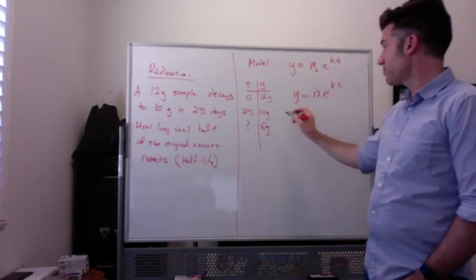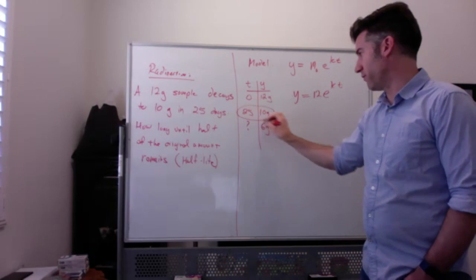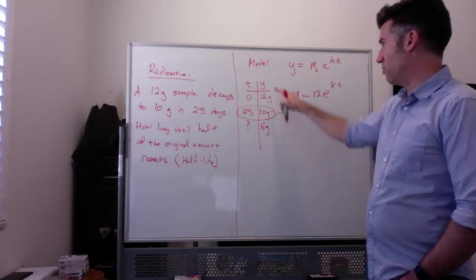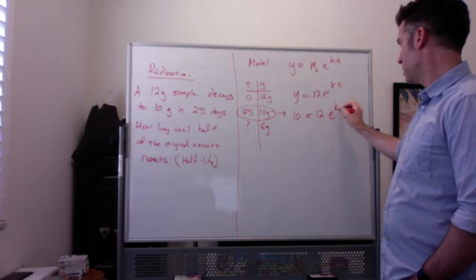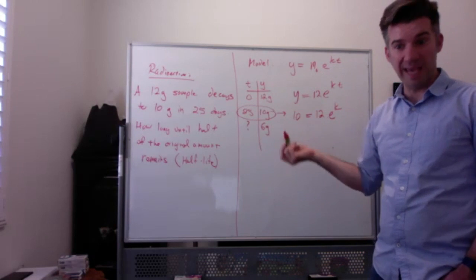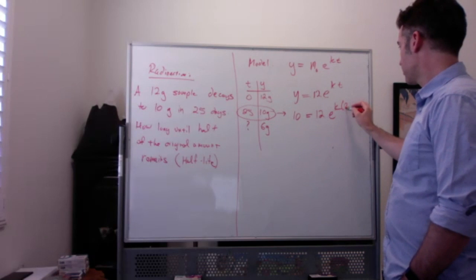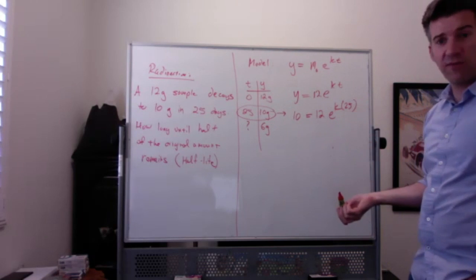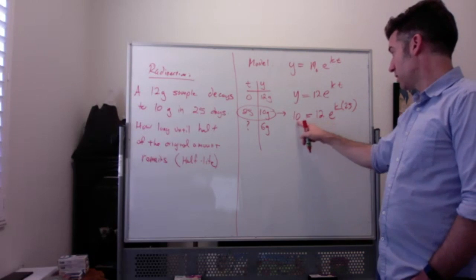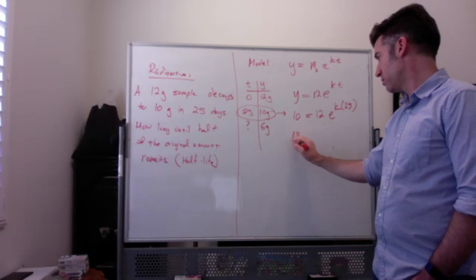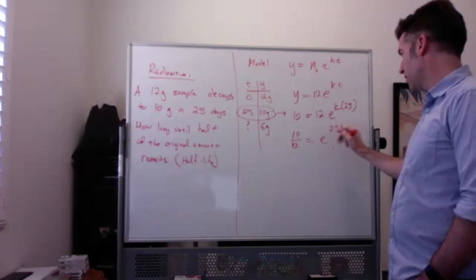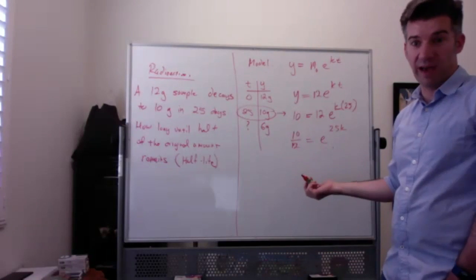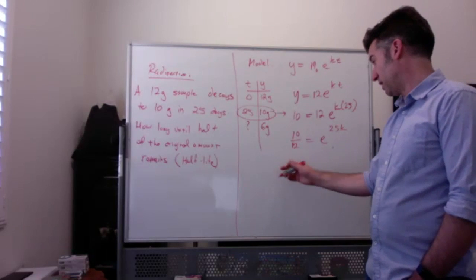So then we're going to plug in this information. My y value is 10. My time value is 25 days. Now we're going to solve for k. So 10 divided by 12 equals e to the 25k. I can reduce 10 divided by 12 to 5 over 6, and take the natural log of both sides.